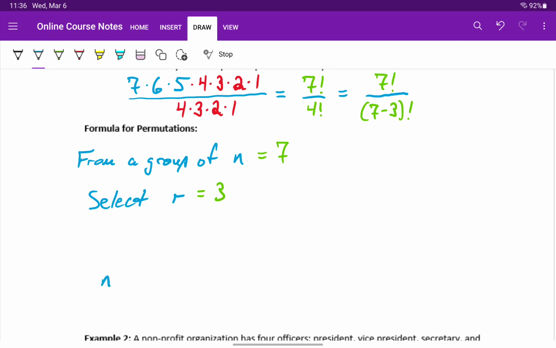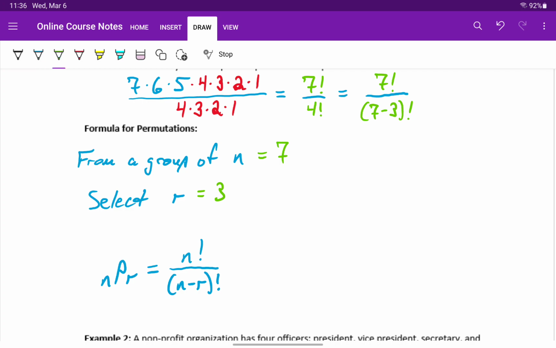Permutations will be expressed using this notation, lowercase n, capital P, lowercase r, and will be equal to n factorial, where we had 7 in our previous example, divided by (n minus r) factorial, or in that previous example, 7 minus 3.